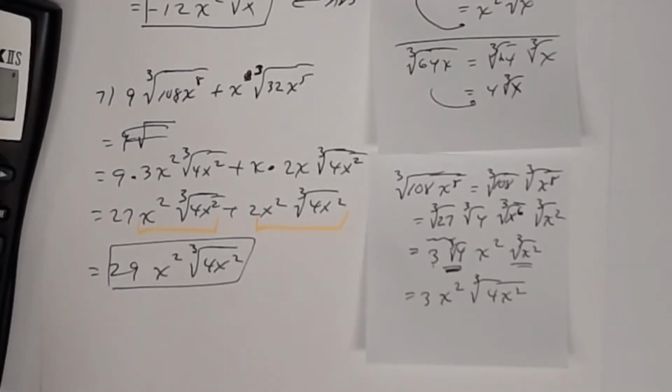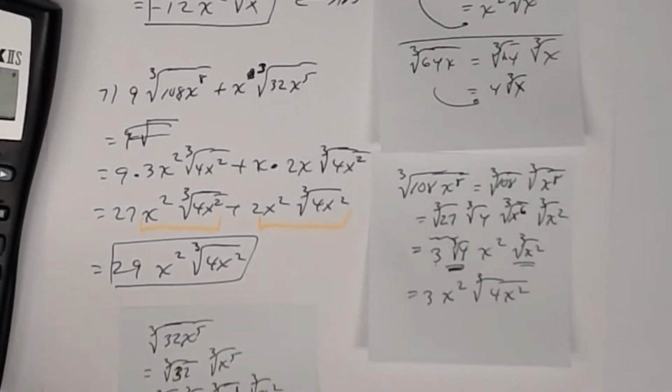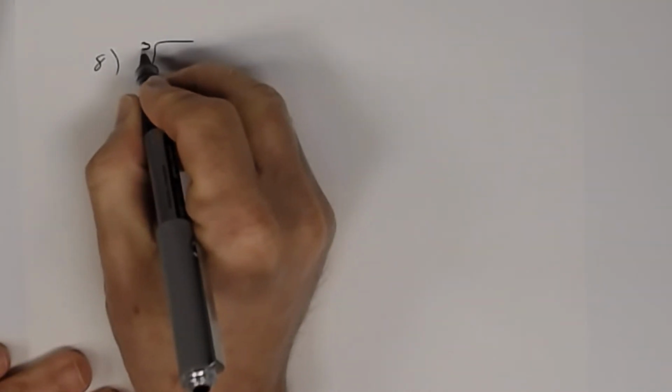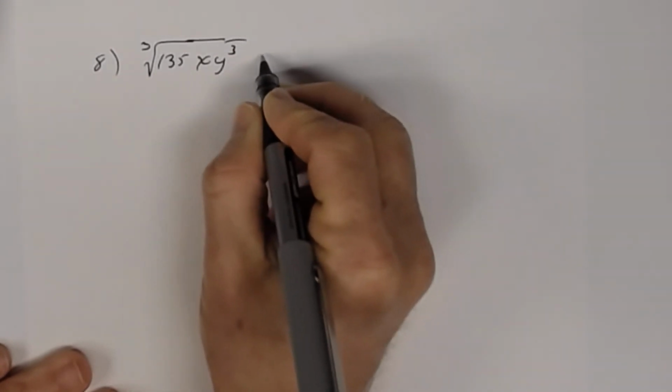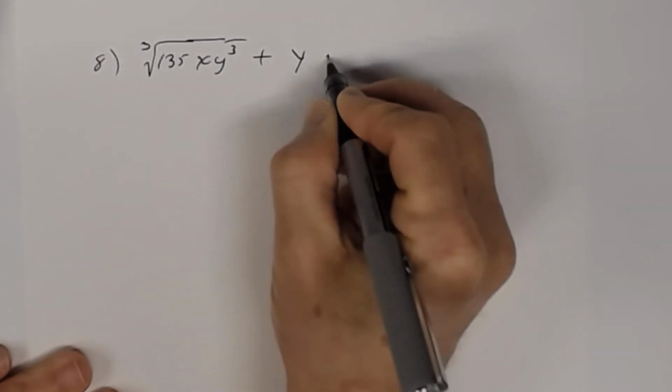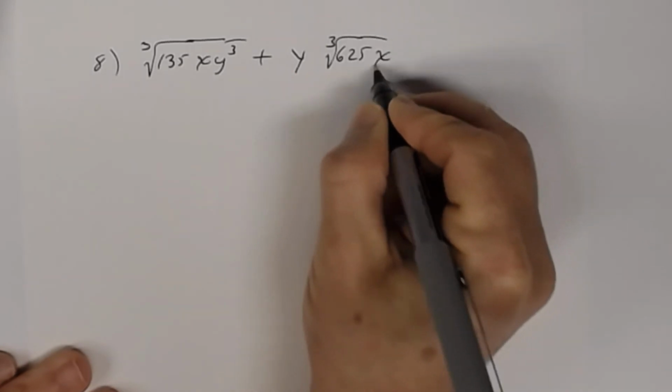Okay? All right, so that was number 7. Let's do one more. Okay, so this is going to be number 8. In number 8, we have the cube root of 135xy cubed plus y times the cube root of 625 times x.